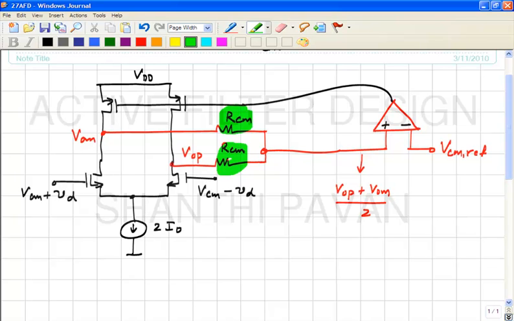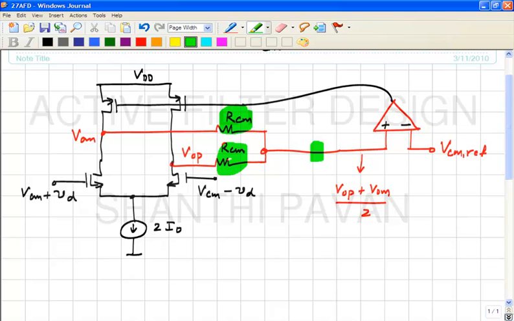More importantly, please note that if the resistors are linear, which is a very good assumption on a chip, then this potential is going to be the common mode without any error whatsoever. If the resistors were non-linear, that need not be true.